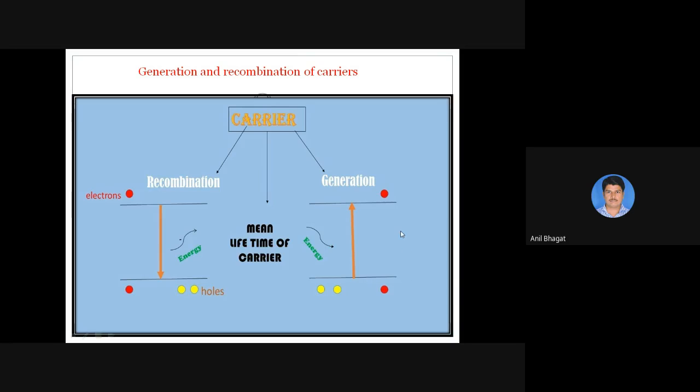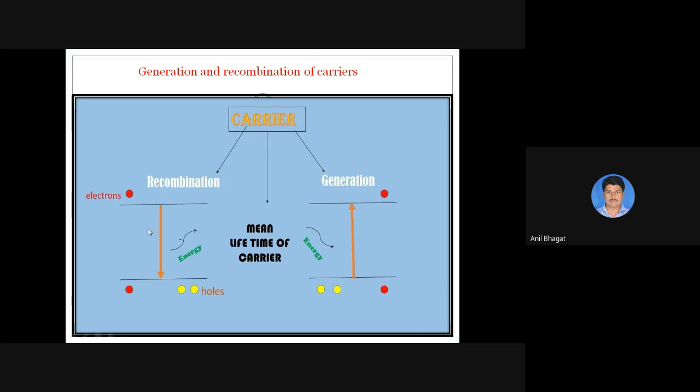So for that process external energy is required, and then recombination takes place. So here we release the energy from one place to another place. This is called the carrier. And then there are two types of carrier processes, the recombination of carriers and the generation of carriers.